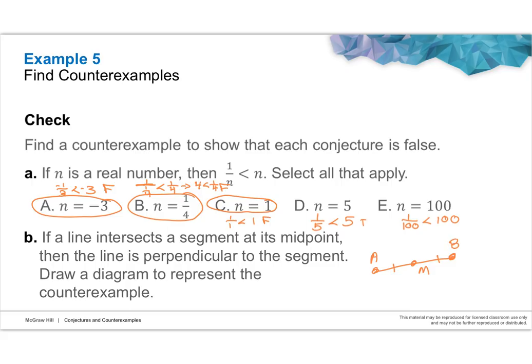It says a line intersects that segment and is perpendicular to it. We need to draw a diagram so that we're going through the midpoint, but not perpendicular. So here's our line. And if we are lacking that right angle box in the space around that vertex M, then it is not perpendicular. So here's a very quick counterexample drawing.